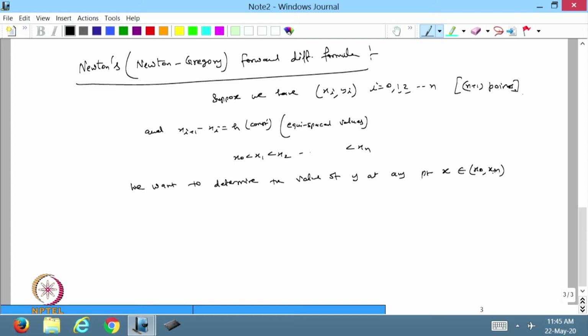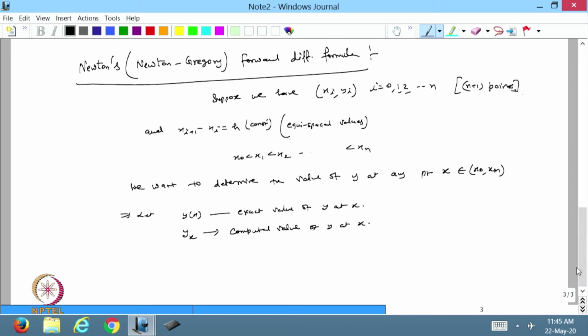So, what do we represent now? Let y(x) give me the exact value of y at x, and y subscript x is the computed value of y at x.